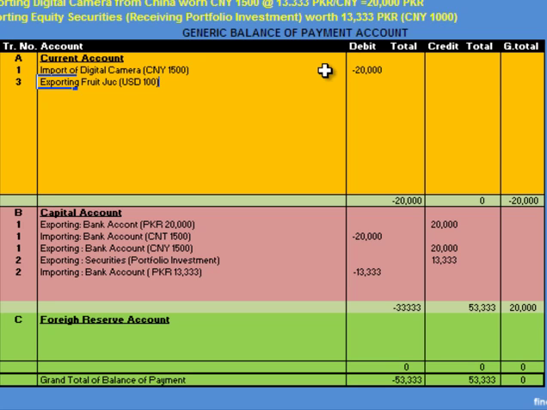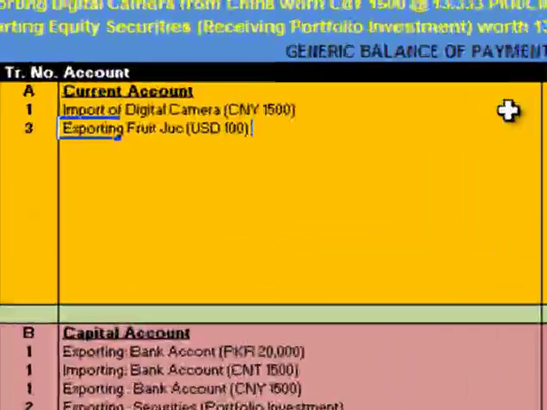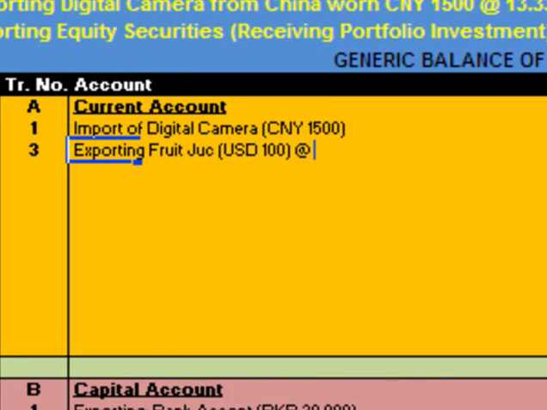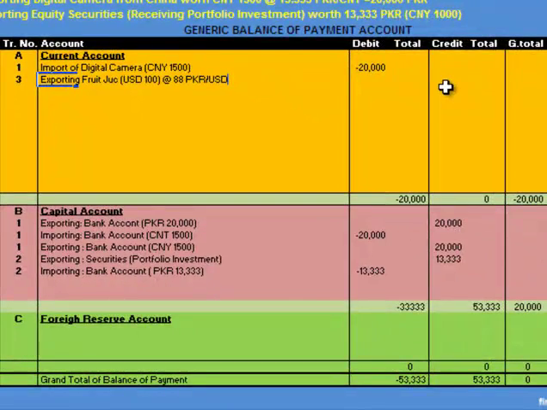The exchange rate of US dollar and Pakistani rupee, for example, let's assume 88 rupee per dollar. This is, let me write here, at the rate 88 Pakistani rupee per US dollar. So because now you are exporting here, and exports are recorded as credit, so in the credit column we shall record the Pakistani rupee equivalent of $100, which is 8800. So 8800 would be recorded in exports.